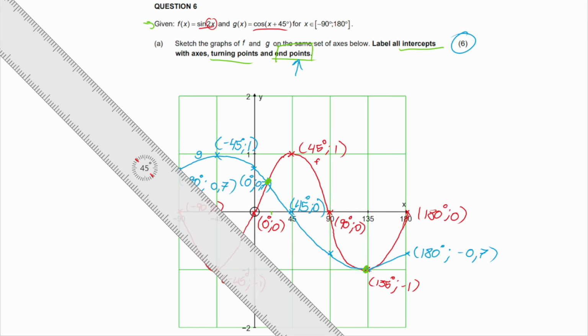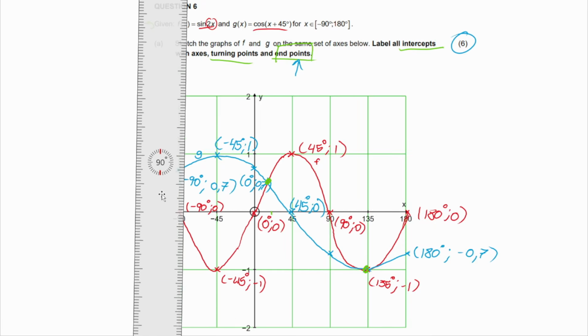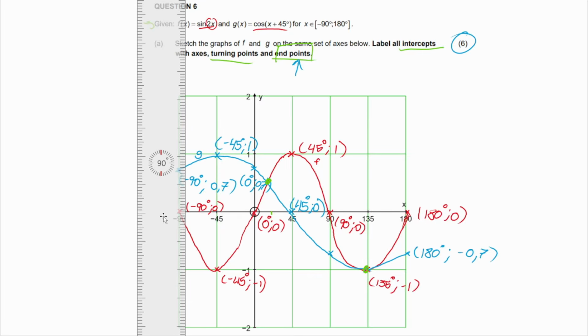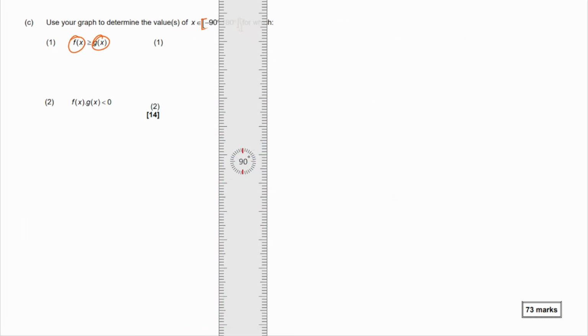I'm going to whip out the ruler, and we put it vertical. This is a technique that can sometimes help. You can see here blue is above red, blue above red, and here they're equal. We ask ourselves, are we allowed to be equal? And we are, because it's greater than or equal to.